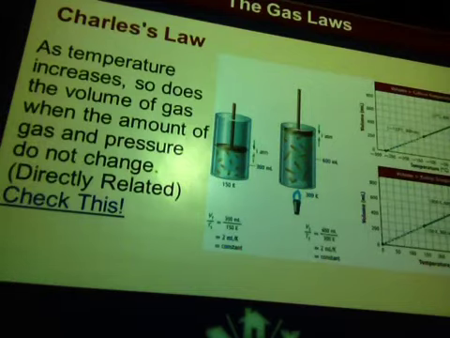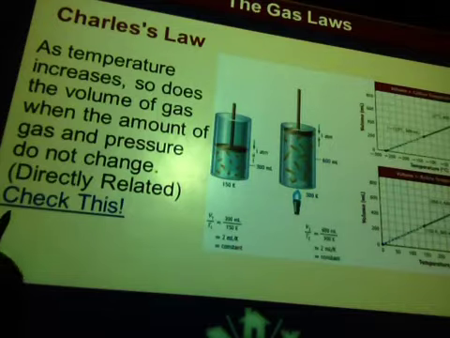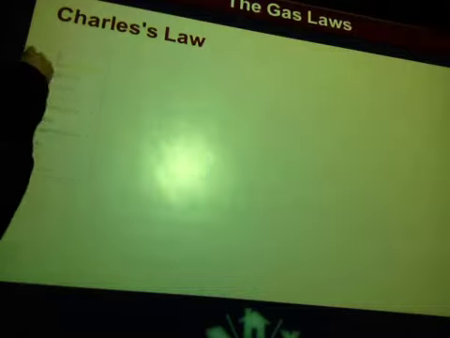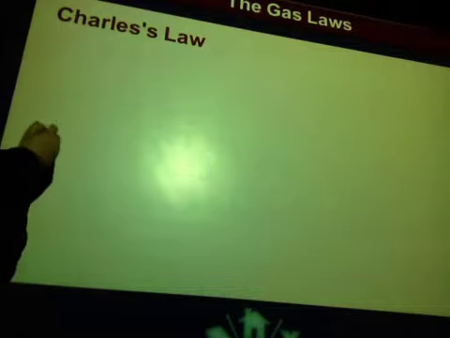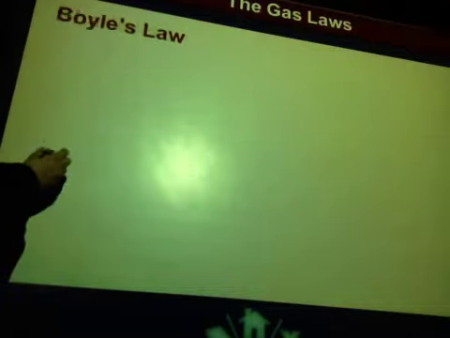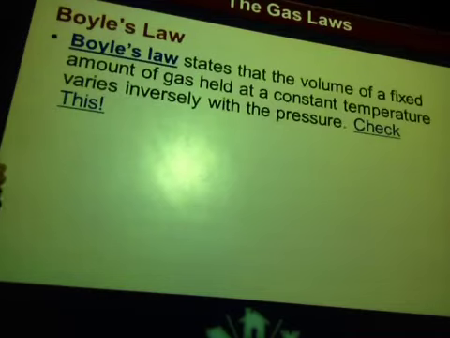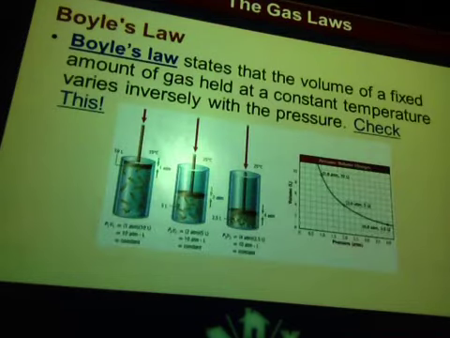Remember, the first one we did was Boyle's. Let's go back to that slide, actually. Remember that Boyle's gas law shows that pressure and volume are inversely related. So if I decrease the volume, what's going to happen to pressure?